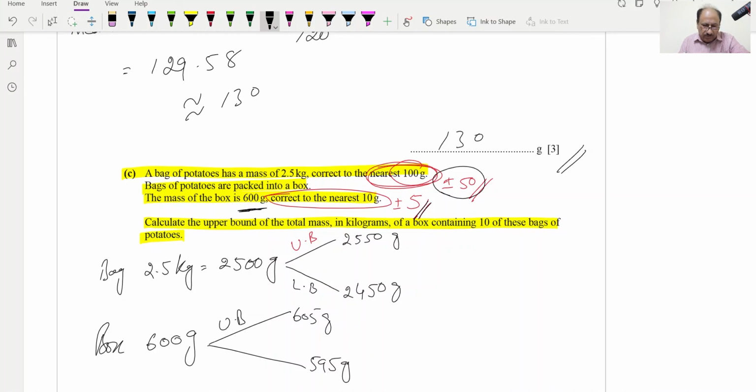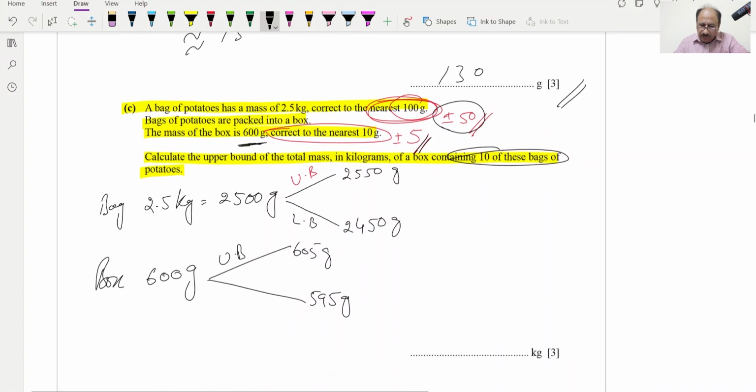After writing this one, they are saying the box contains 10 of the bags. So the upper bound of the bag we will be multiplying by 10. So we can write 2550 multiplied by 10, and further we will be adding the box, which is this one. So we require the upper bound, so we are using all upper bounds.